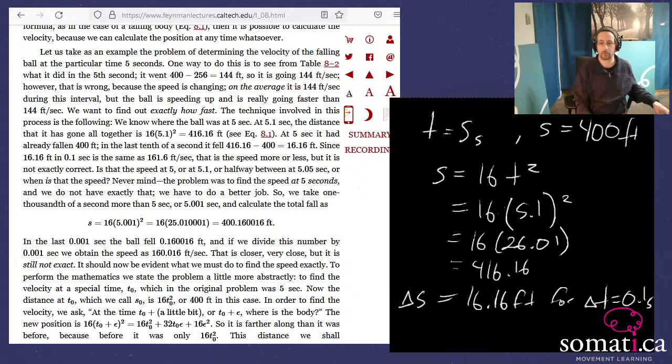Oh yeah, of course, I see. So 16.16 over 0.1, 161.6 feet per second.